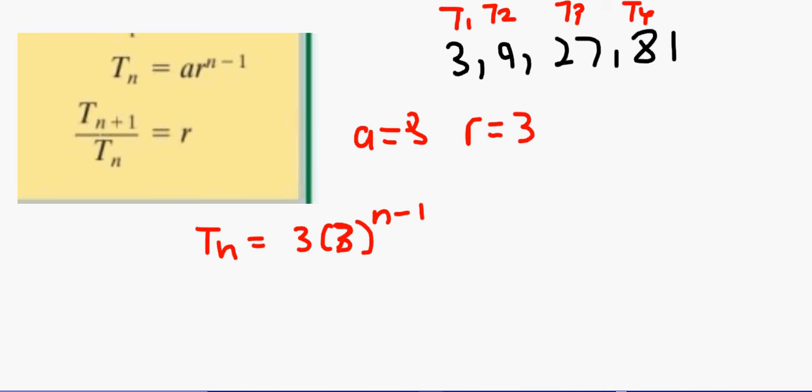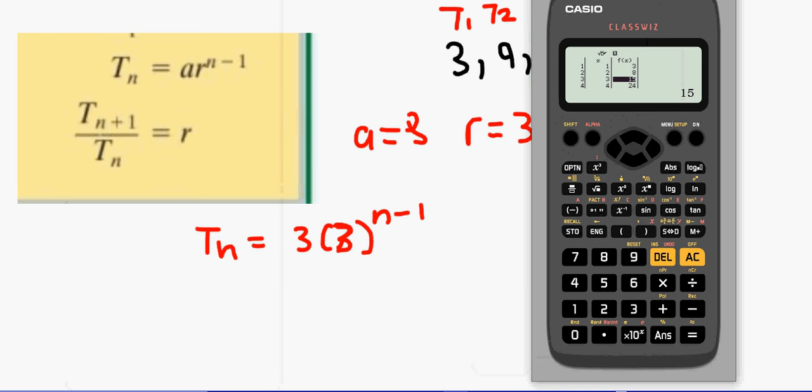If I put this into my beloved table function, it'll tell me all the terms I want. 3 times 3 to the power x minus 1. Start at 1, end at, I don't know, 10.